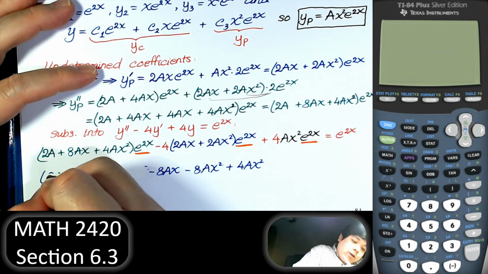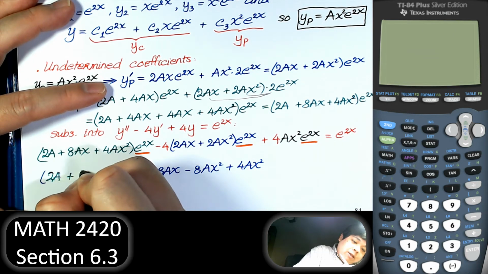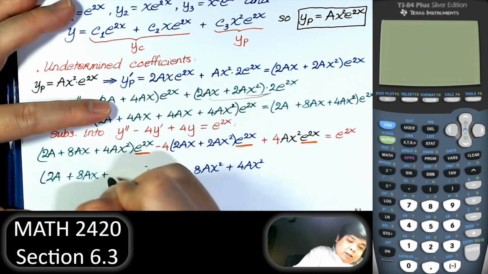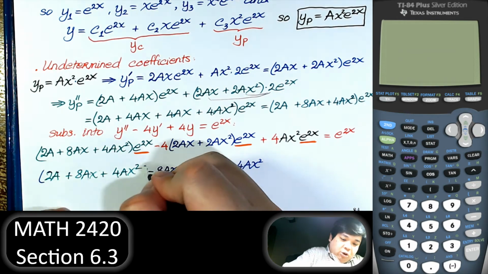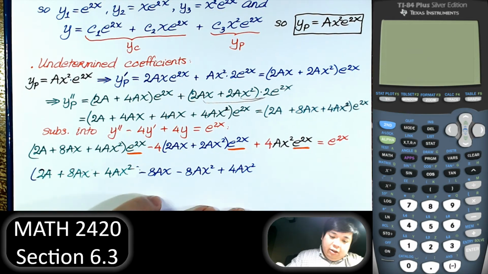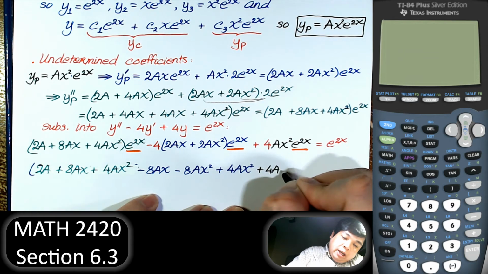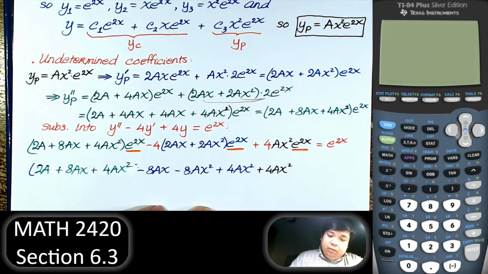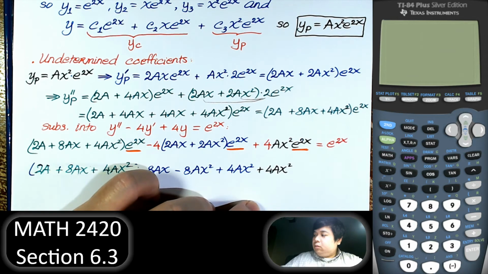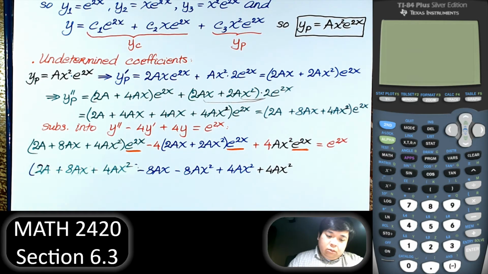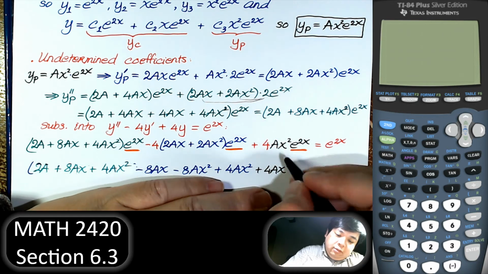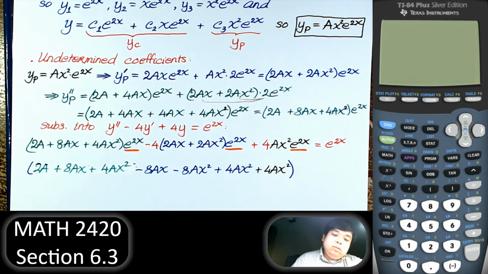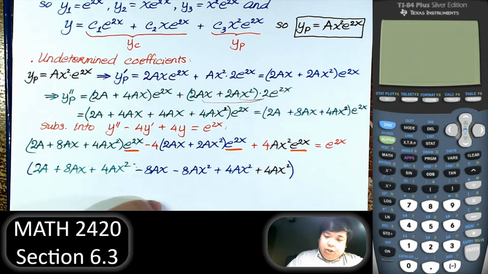So (2a plus 8ax plus 4ax squared), and then subtract that, and then the last one will be plus 4ax squared, and then we have e to the 2x on the outside.